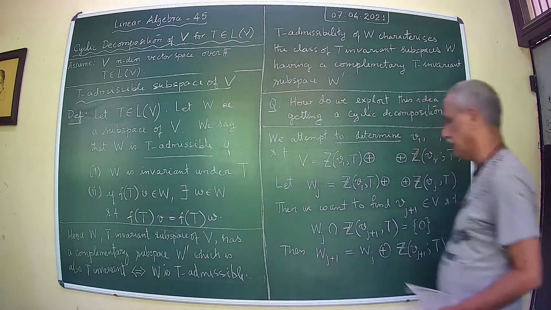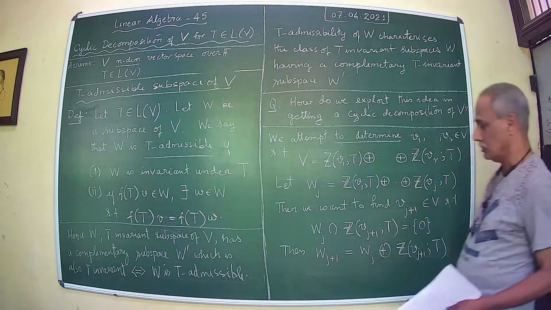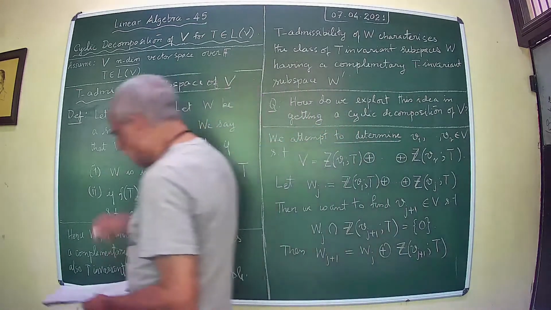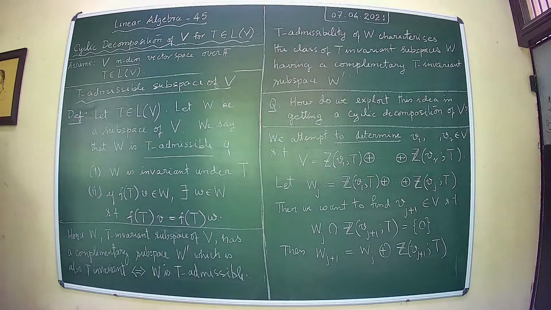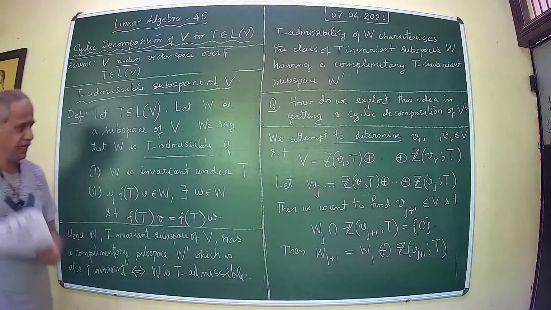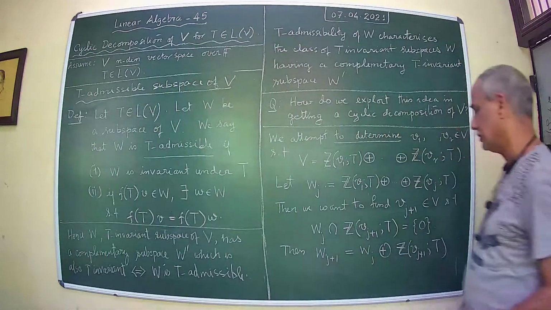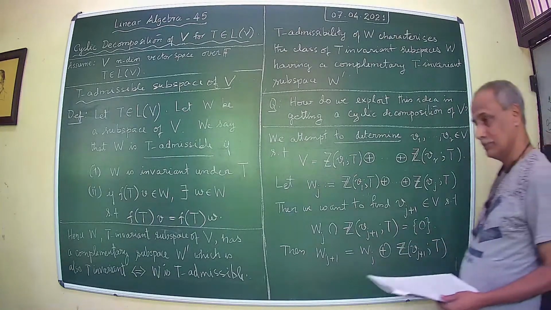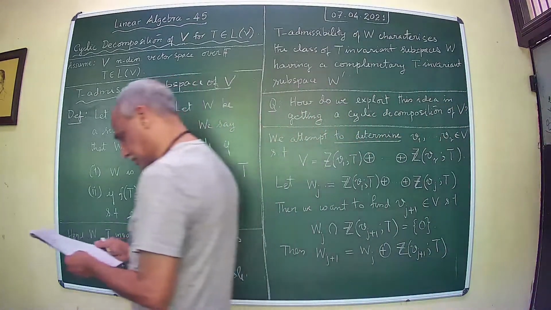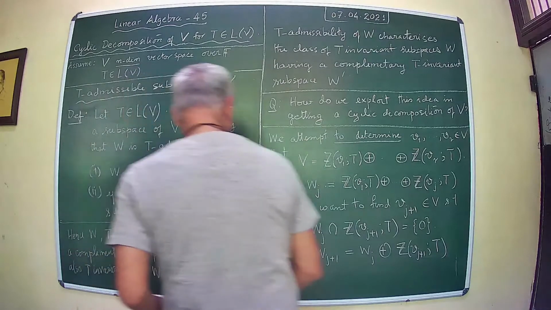This is the strategy. Then we repeat that, using the same technique to identify v_{j+2}, etc., until the whole entire V is exhausted. Repeat the process.